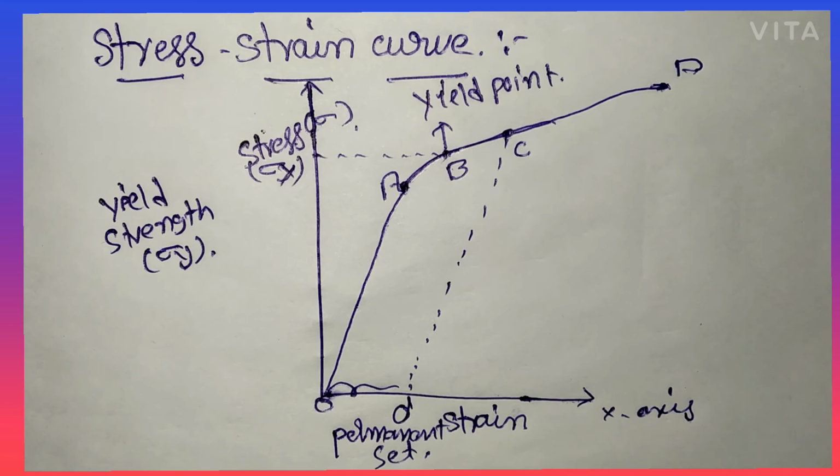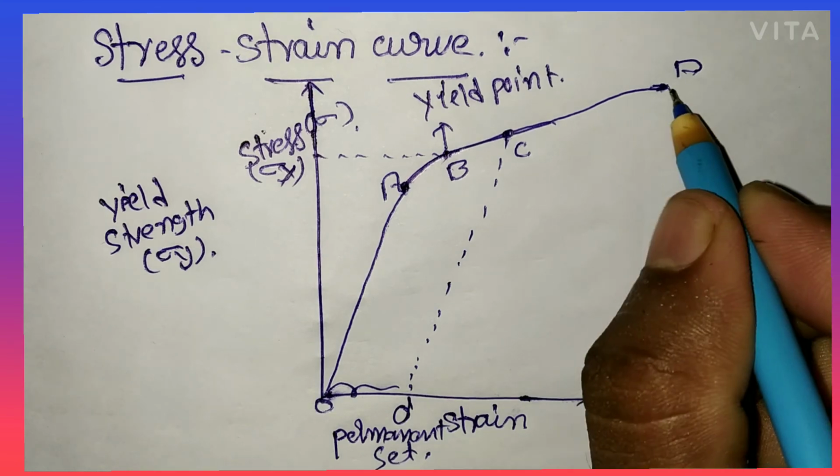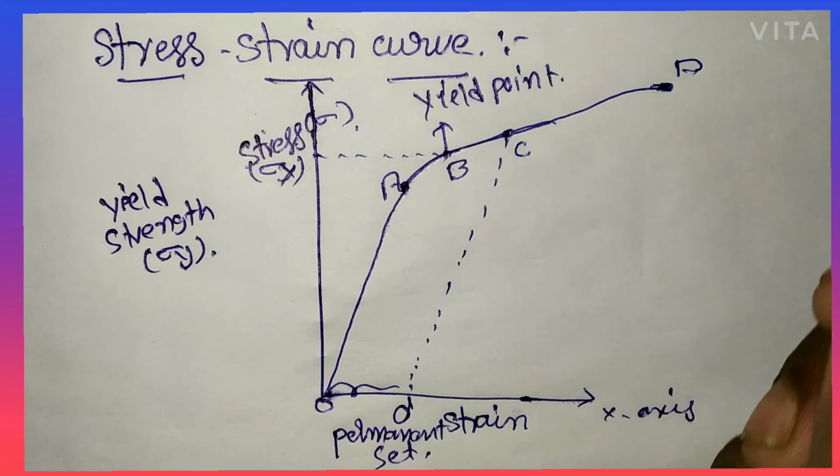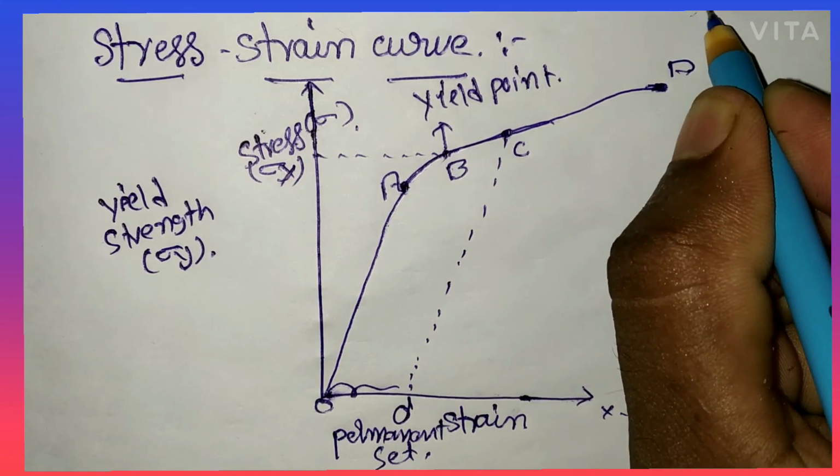The point D on the graph is the ultimate tensile strength.